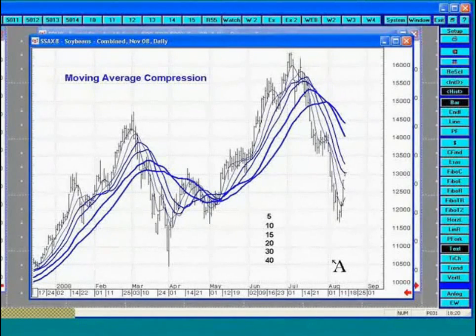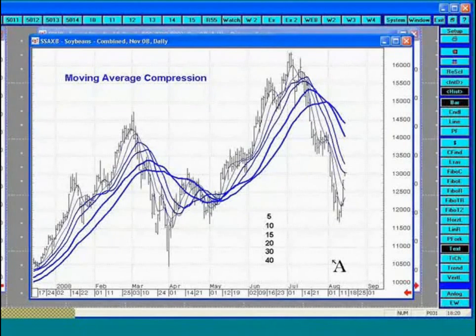Let me say that one more time. The more complex you make your market analysis, the more vulnerable you make your market analysis. When you're in the trenches, so to speak, you want things very simple and straightforward. You don't want anything really, really complex.